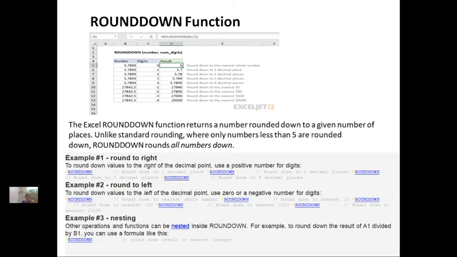Now let us go to the next slide, round down function.